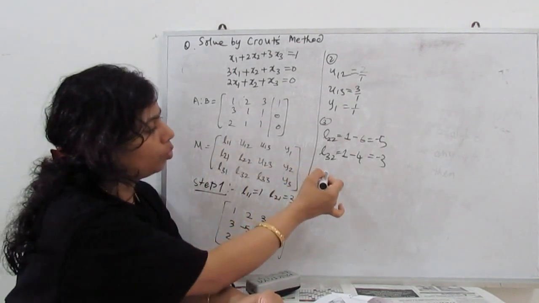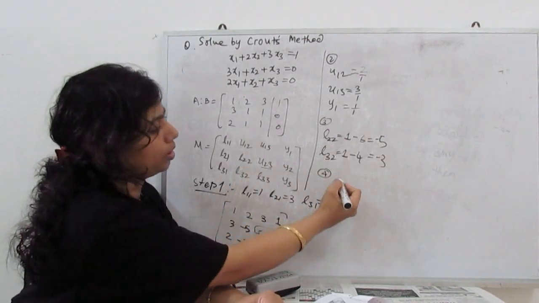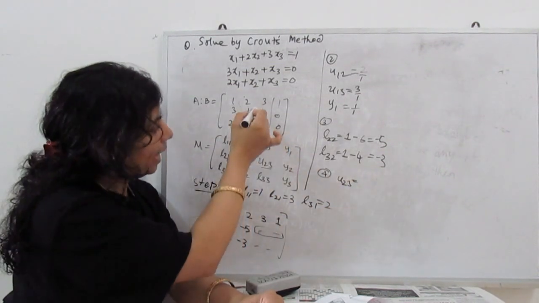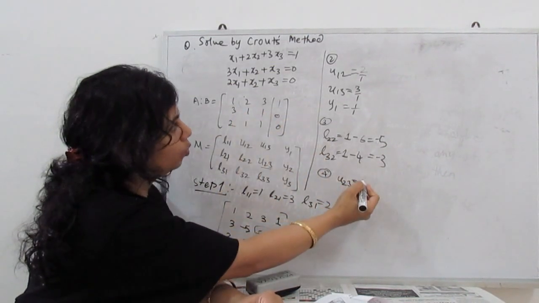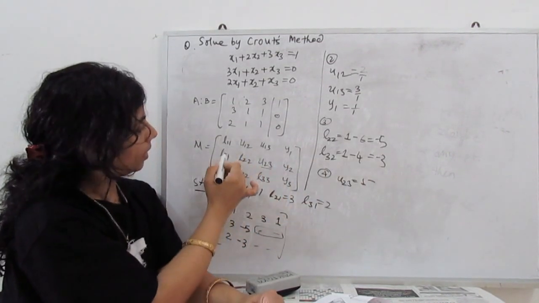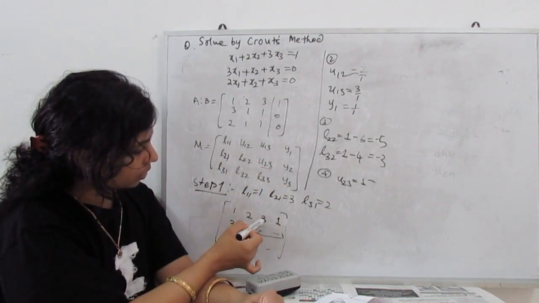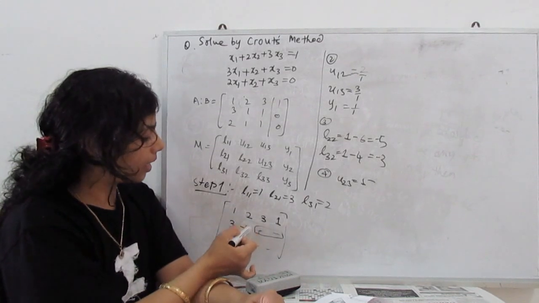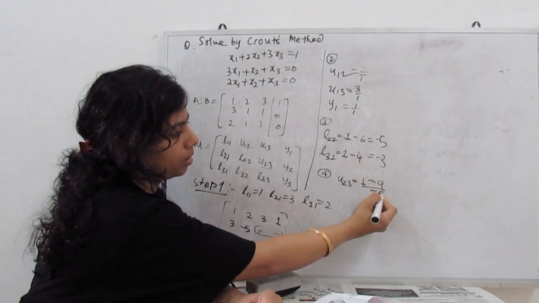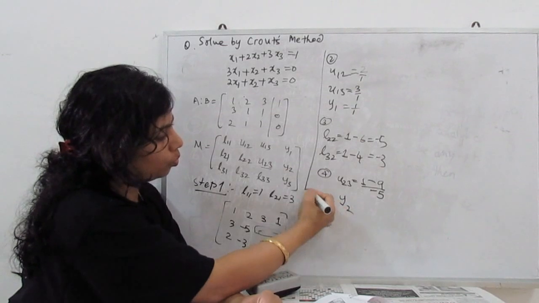Step 4, go for these two elements. This element is U23. So U23 is A23, which is 1, minus this times this, divided by this. So this times this, 3 threes are 9, divided by minus 5. So 9 by minus 5. And the next element is Y2.